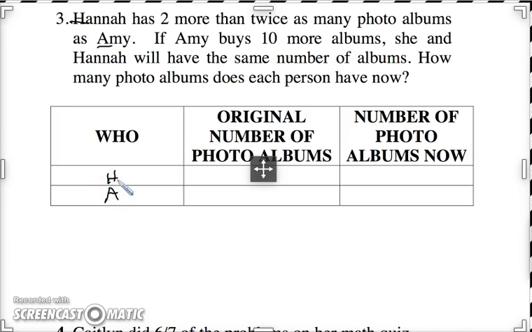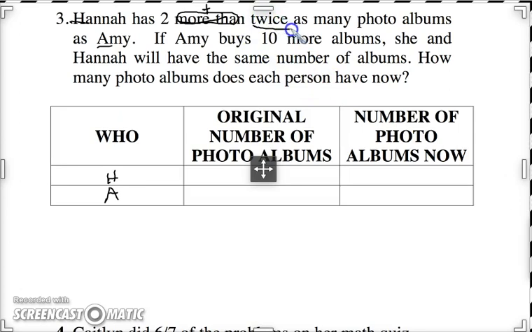Then, right after that, I'm going to say, okay, we have an original set number of albums, so let's look at what it is saying about the albums each has. So it says, Hannah has two more than twice as many albums as Amy. In math, more than really means addition, right? So more than something, you add.